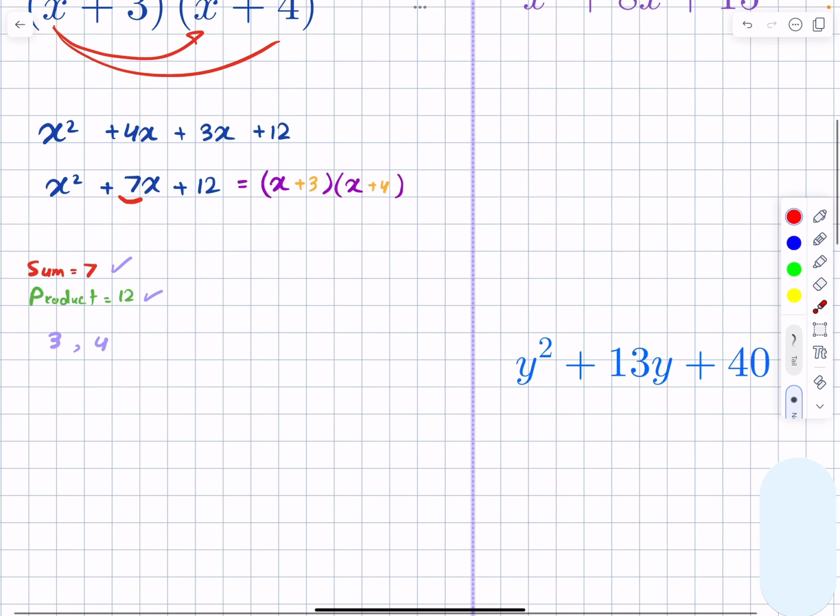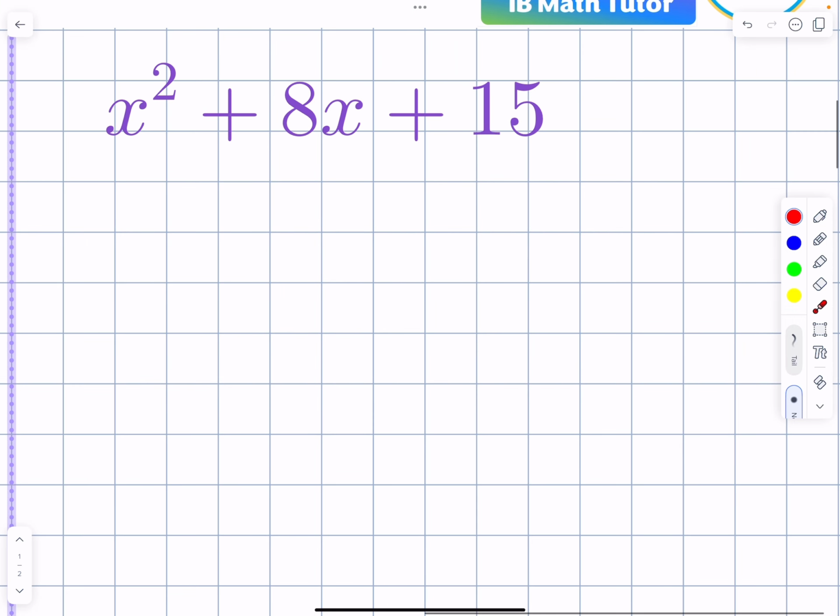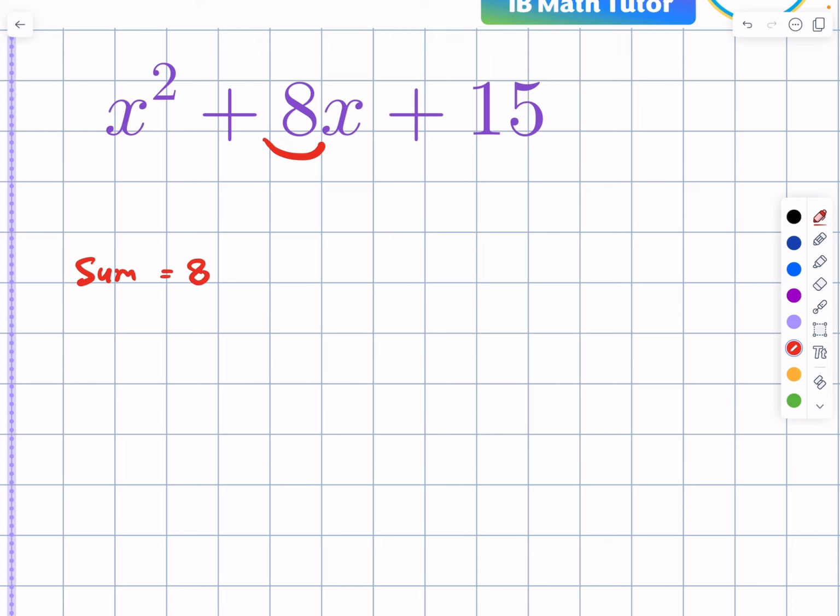Now, let's do some more examples on factorizing quadratics. Here we have another one. Again, we need two numbers that add up to the middle number, which is 8, and they multiply to this constant term, which is 15. First, we can write 15 as a product of these pairs of numbers: 1 multiplied by 15 or 3 multiplied by 5.